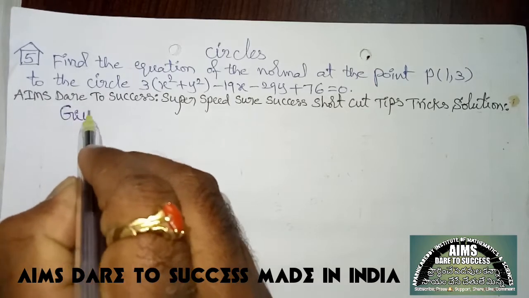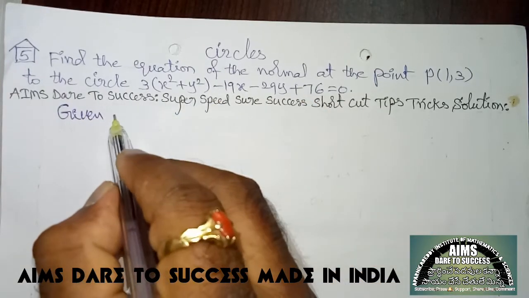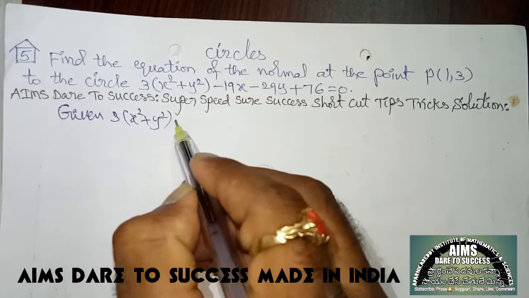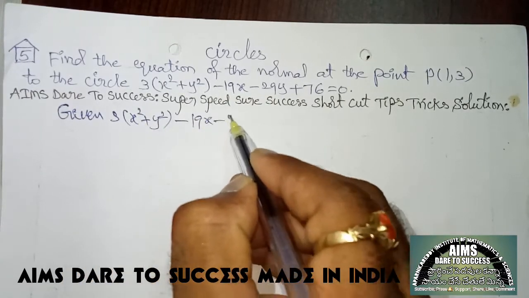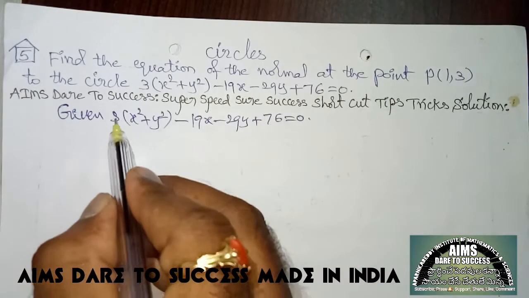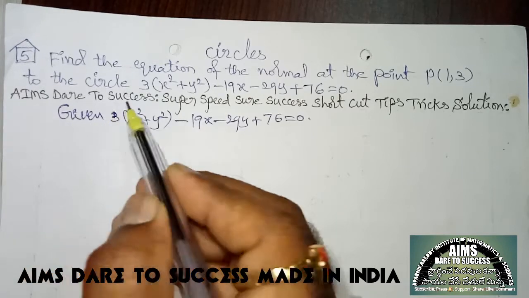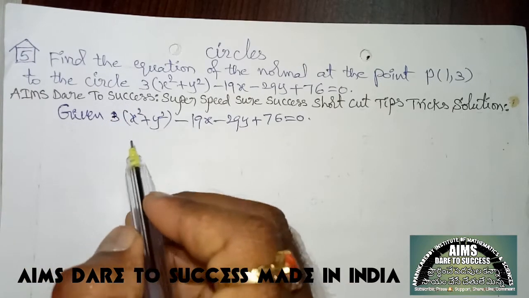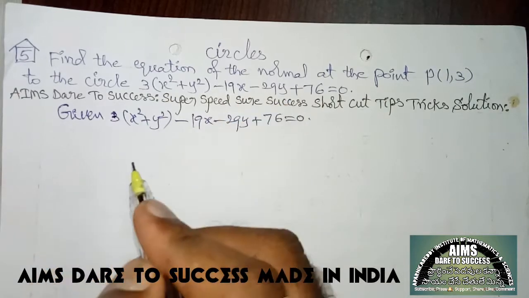Now I wanted to tell you the solution. Given circle is 3 into x square plus y square minus 19x minus 29y plus 76 is equal to 0. In this equation the x square and y square coefficient is 3, but we should get the x square and y square coefficient as 1.